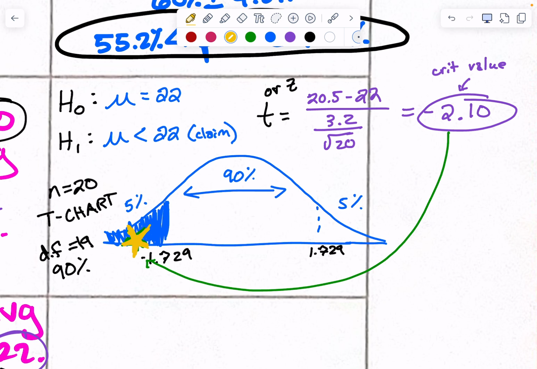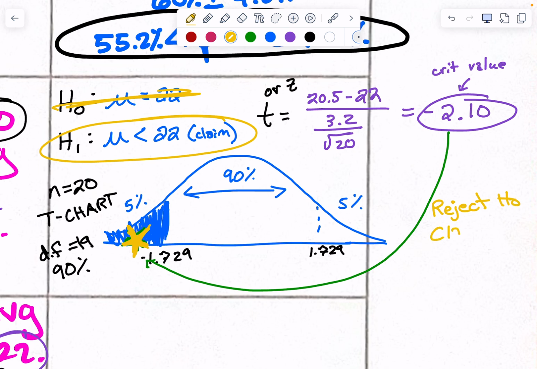So are we equal to 22 or less than 22? We're less than 22. We're in less than land, and we cross the line. So our conclusion is reject H naught. The claim is true. It is in fact significantly less than 22. 20.5 is significantly less than 22, right?